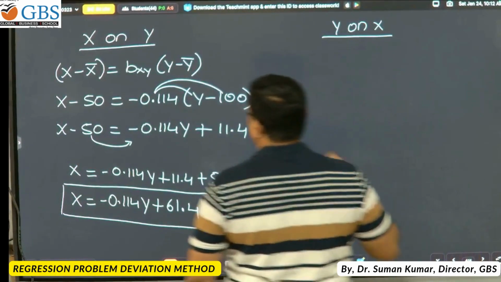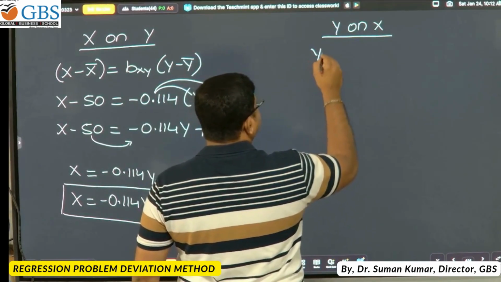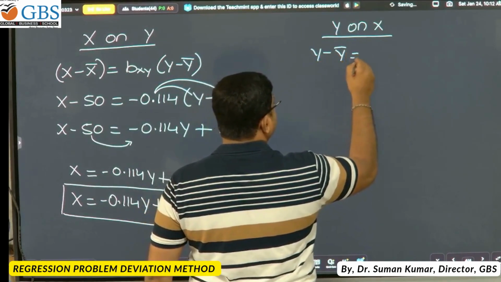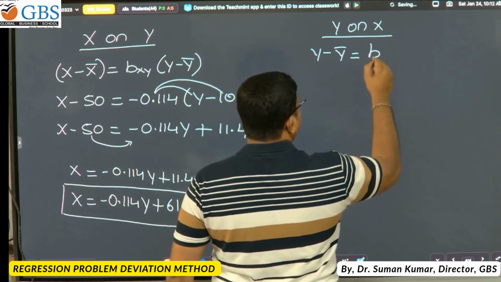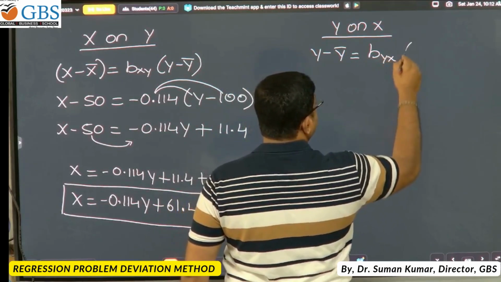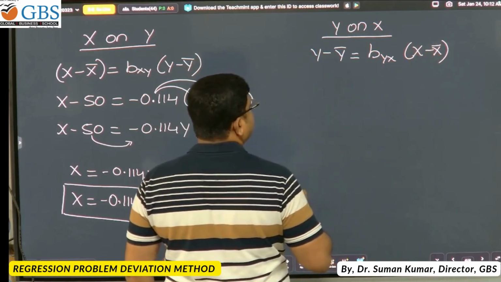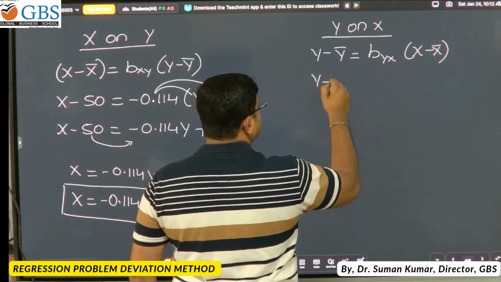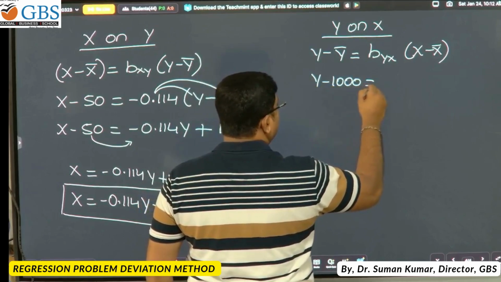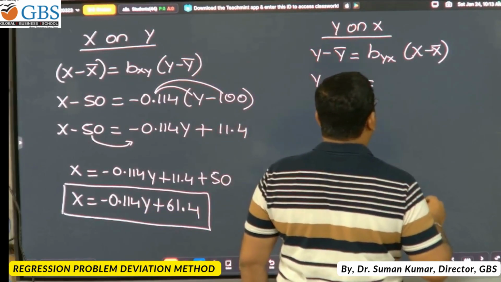Okay, first we have to write down the y on x equation formula. Byx into x minus x bar. So y minus 100 is equal to byx. What is the value of byx?